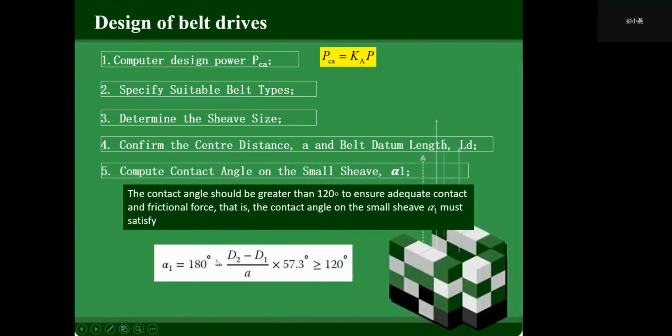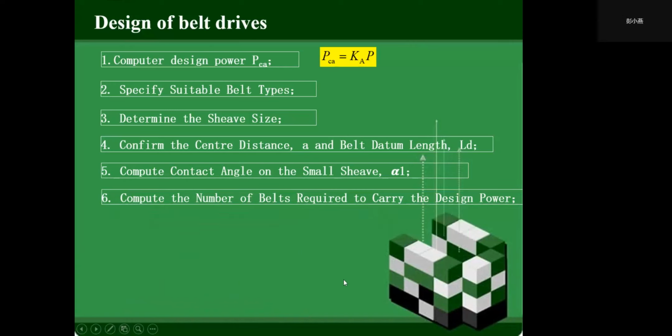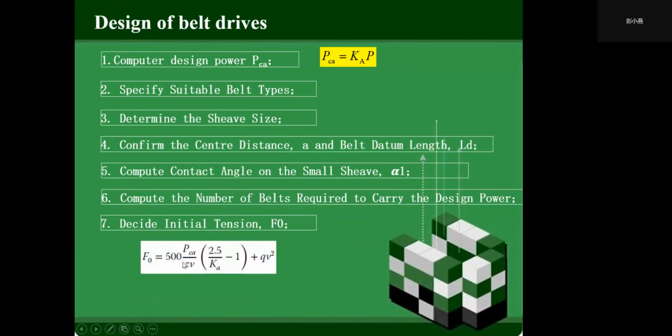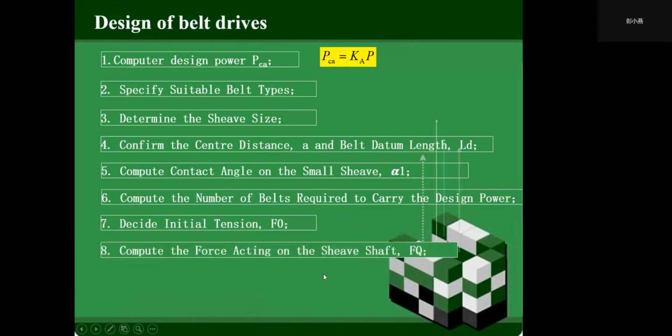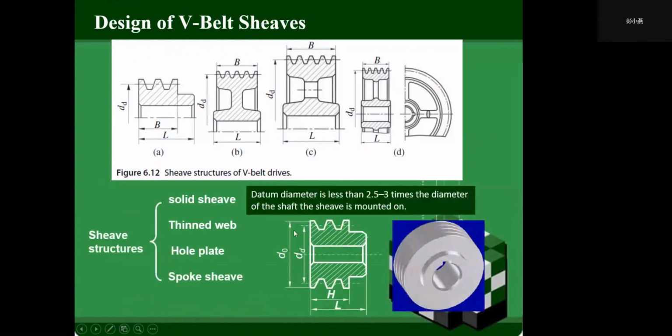We also use this to check the selection of center distance A, and then compute the number of belts required. Use this equation, and PCA is obtained from there, and P0, delta P0, K alpha, KL can be obtained from tables. Then decide the initial tension F0 and compute the force acting on the shaft, and also choose the structure of pulleys according to their diameter.